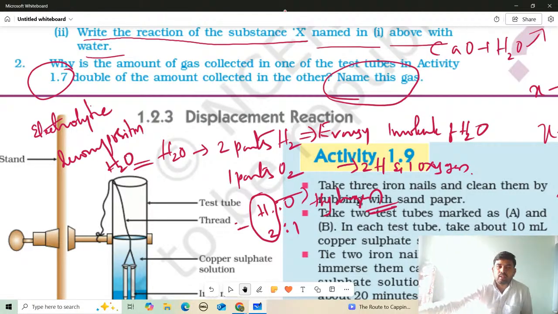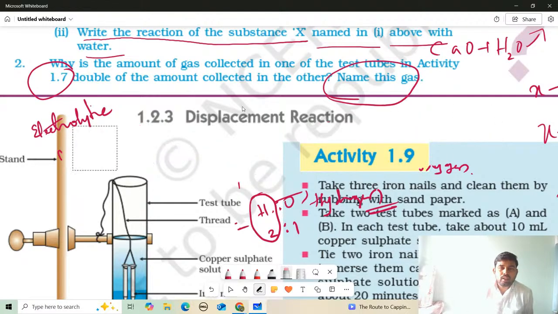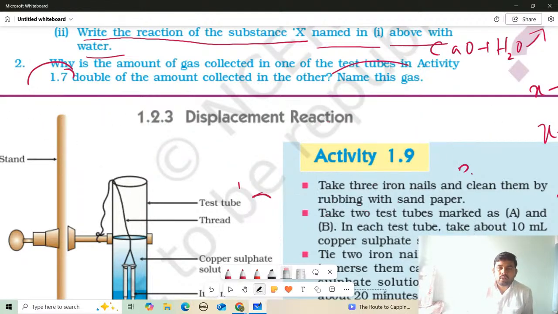Okay. Next, come to the next type of reaction. The third type of reaction is the displacement reaction. In this one, what you should know, sir?